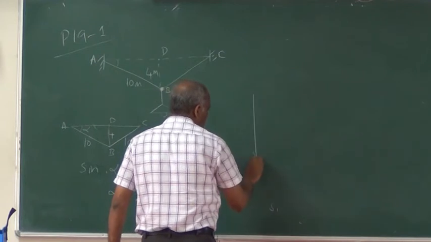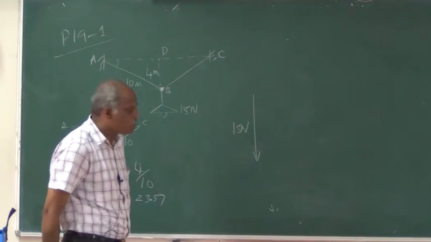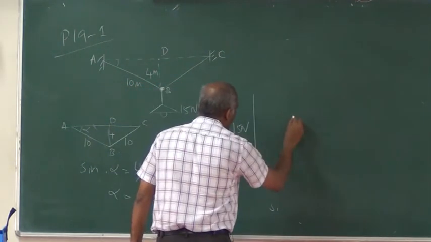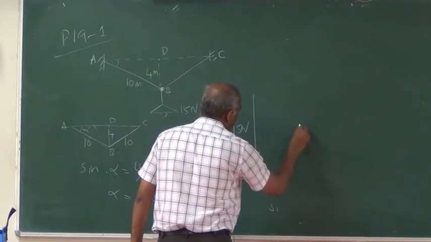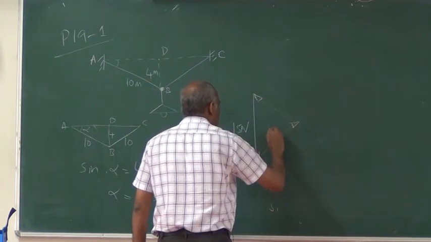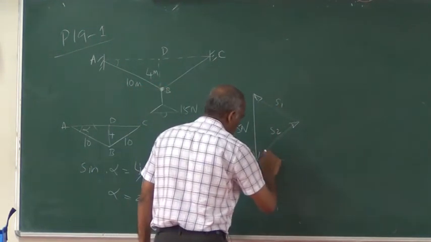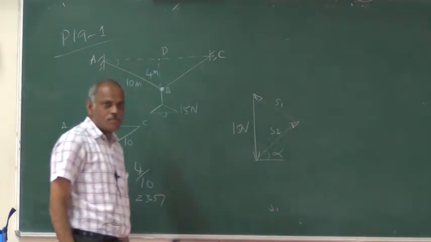You have this force that is 15 Newton, the weight of the lamp, and you have the two tensions, S2 and S1, with the angle it makes being alpha.